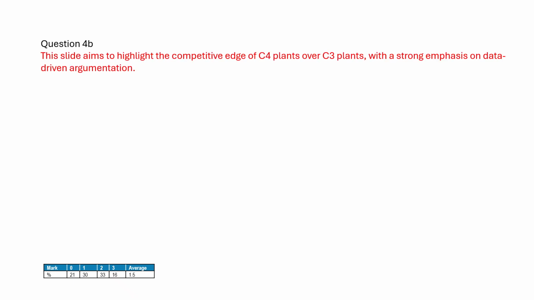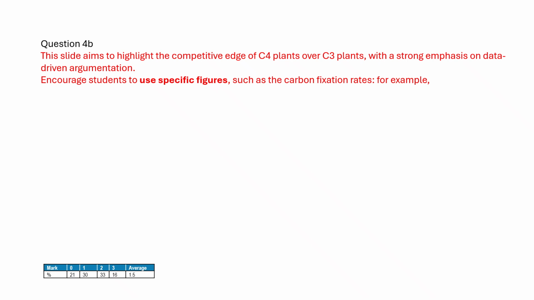This slide aims to highlight the competitive edge of C4 plants over C3 plants, with a strong emphasis on data-driven argumentation. Encourage students to use specific figures, such as the carbon fixation rates. For example, C3 plants fix 90 mmol/hour at 400 lux, while C4 plants reach 150 mmol/hour.